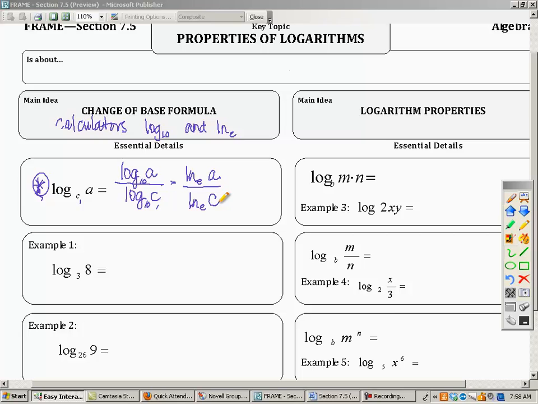Okay, so here's what we want to do. We want to take our calculators and do log base 3 of 8. So we do the log of 8 divided by the log of 3, and put that in your calculator to see what you get.